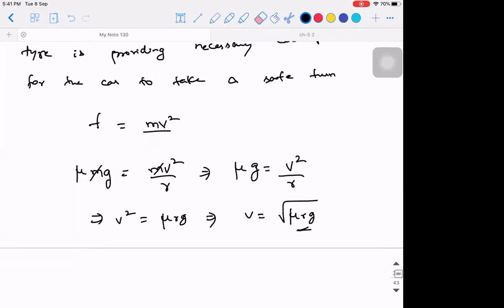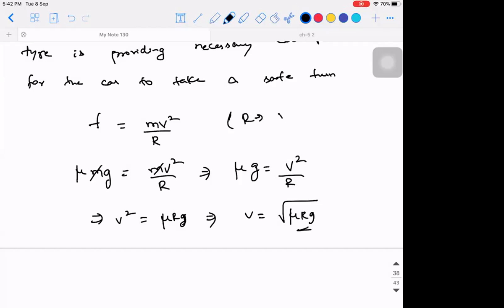There's a simple derivation, one small change. I'll write it as capital R because that is how they have given in the textbook. It is mu R into g. Accepted? R resultant, sir? Yeah, R is radius.